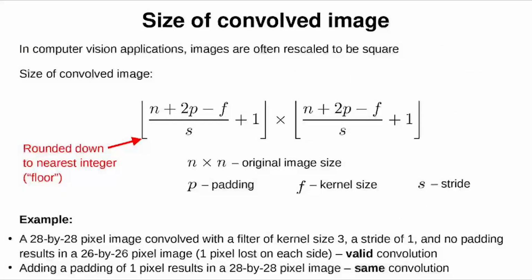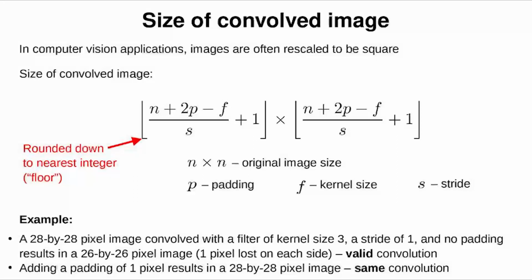When building computer vision applications, it is important to keep track of how transformations change the size of an image. Before any convolutions are performed, images are often rescaled to be square. If we start with a square image, then the size of a convolved image produced from it is given by the formula that is shown in the slide.